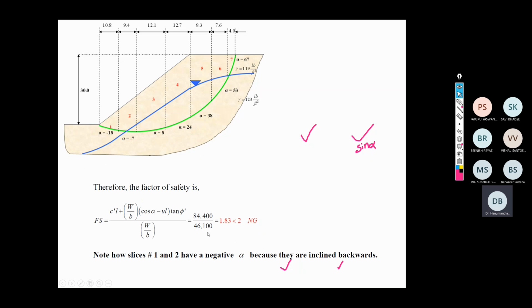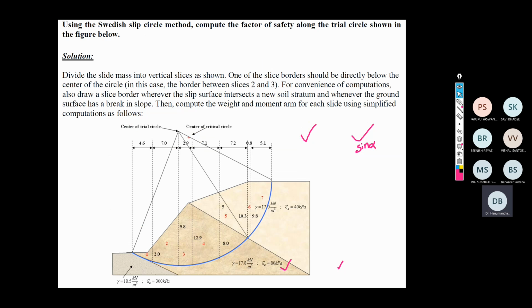Okay, anyhow, this is done. So you simply do it. So what you get is the factor of safety. Okay, so I am also giving this one, it is recorded. So you try to solve this problem also, another one. Just see the recording and try to solve this problem using the same method of slices.